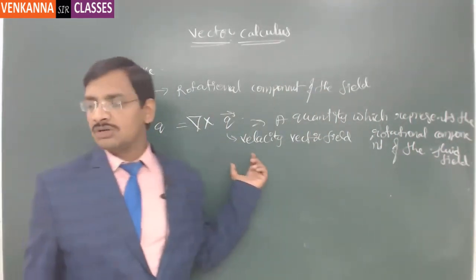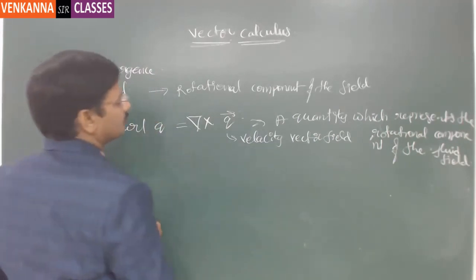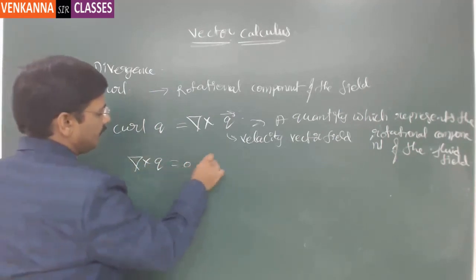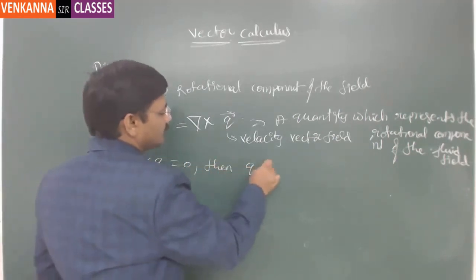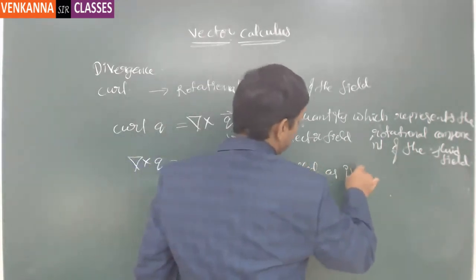Suppose if the curl is equal to 0, so if del cross q is equal to 0, then q is called an irrotational field.